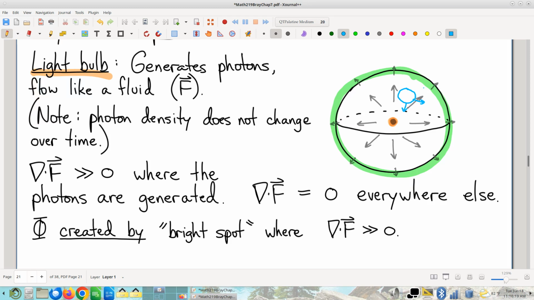Let's think through why that is. Roughly the point here is that every photon that flows in also flows out. Right? So there's a perfect balancing correspondence. And to whatever extent you have inward flow on the side closest to the bulb, you also have a corresponding outward flow on the back side, the dark side, you might say, of that little sphere.